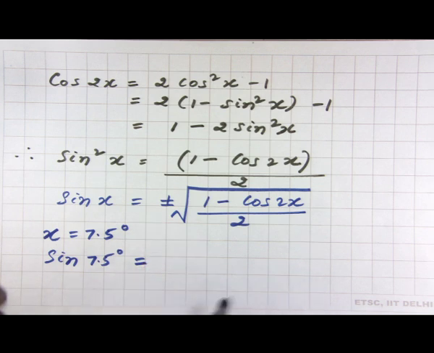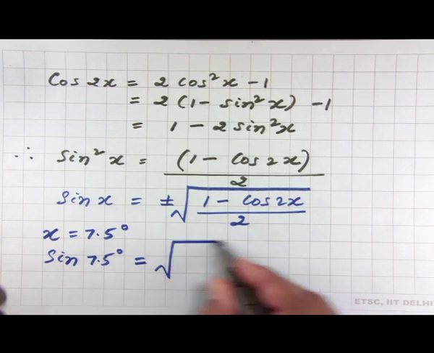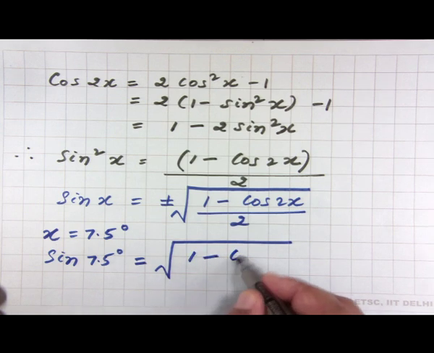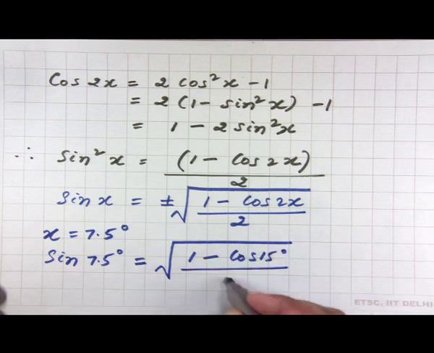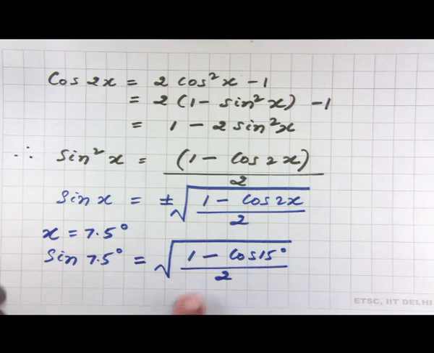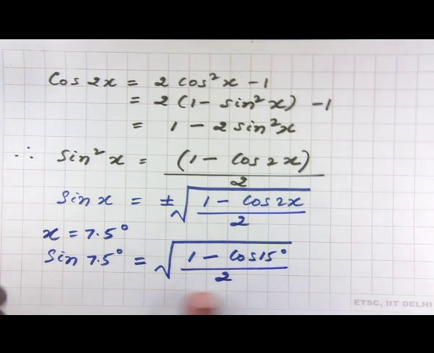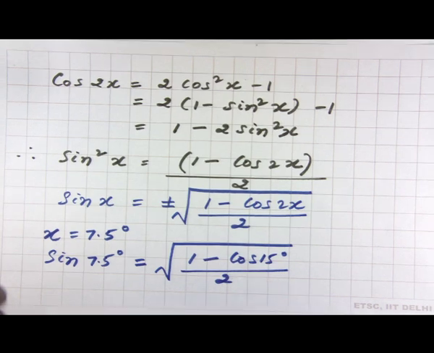So, it is equal to square root of (1 minus cos of 15 degrees) over 2, and this we can compute since we already know the value of cosine of 15 degrees.